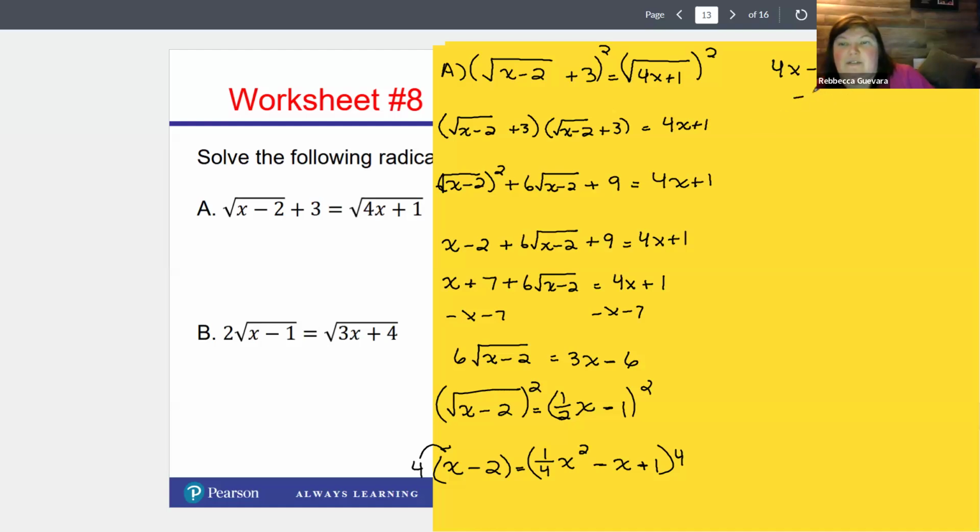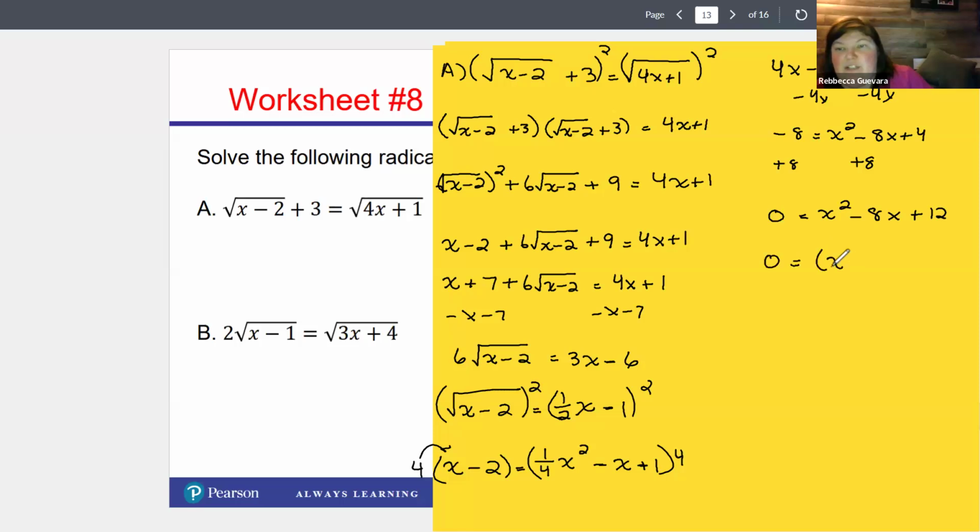All right, so if I subtract 4x from both sides, I have negative 8 is equal to x squared minus 8x plus 4. If I add 8 to both sides, then I have 0 is equal to x squared minus 8x plus 12.